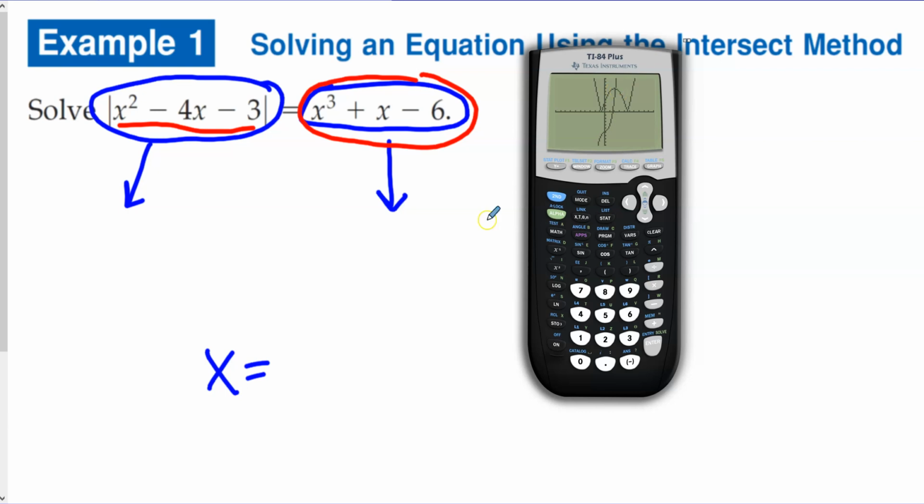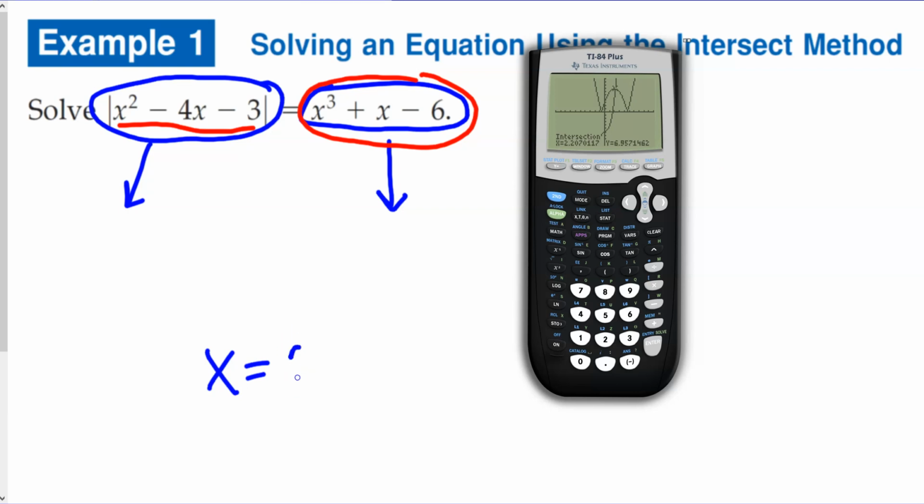So to figure out the exact x coordinate, I do those keystrokes. Second, trace, look for the intersect, that's 5, and then enter, enter, enter. And what you see at the bottom is the intersection point includes an x value of 2.207 approximately.